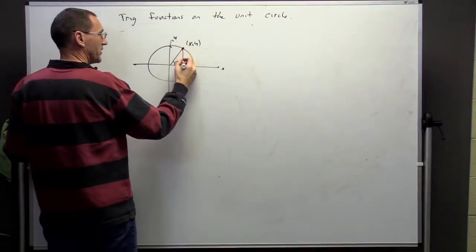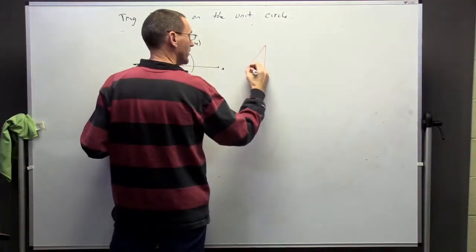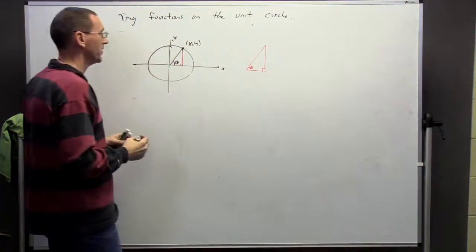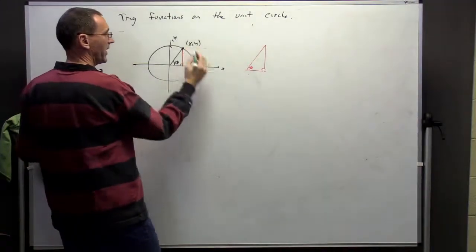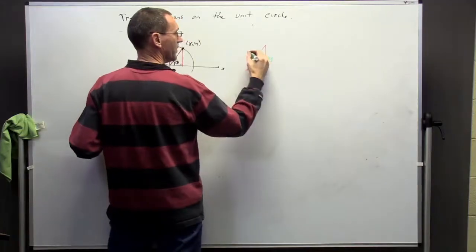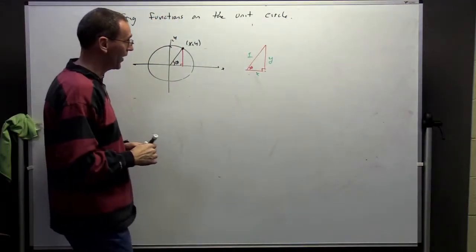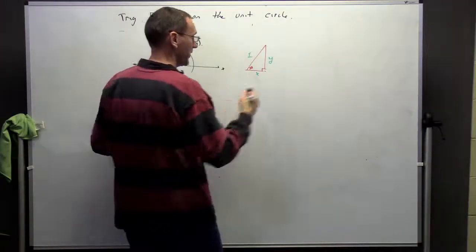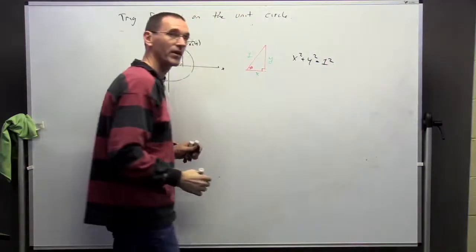If I bring a line straight down to there, I get a right triangle. And I know the distance from here to here is my x value. My distance from here to here is my y value. And I know I'm working with a unit circle, so I know that's true. So I immediately get x squared plus y squared equals 1 squared.